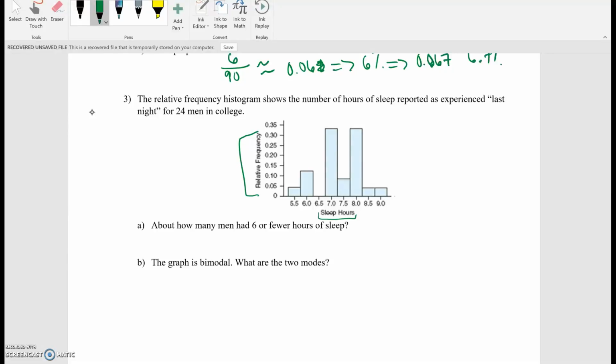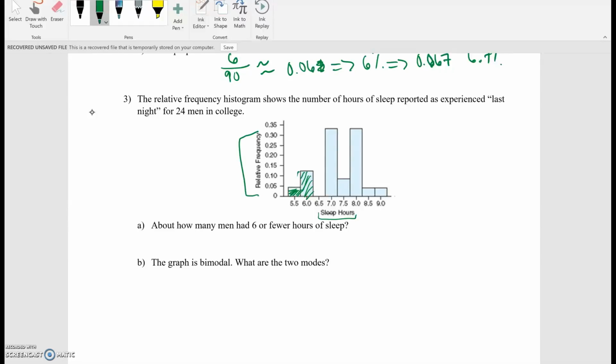About how many men had 6 or fewer hours of sleep? Let me look for 6 because we're including the 6, and everything less than that.